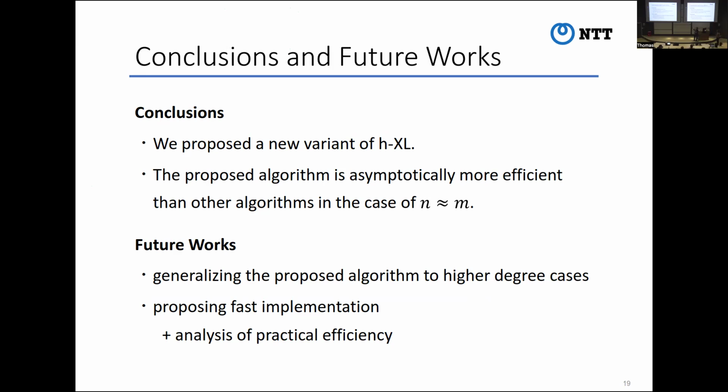But other existing algorithms can be performed using only the arithmetic over the finite field. So we think it might be difficult. And maybe the second question is about the case where the number of equations is larger than the number of variables.